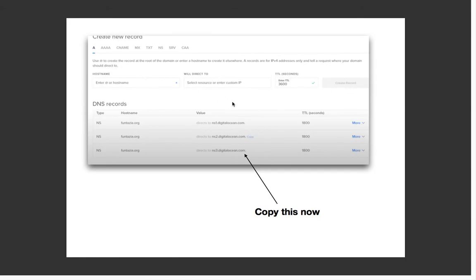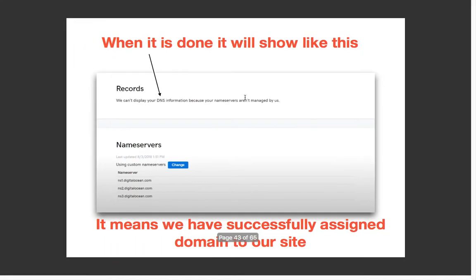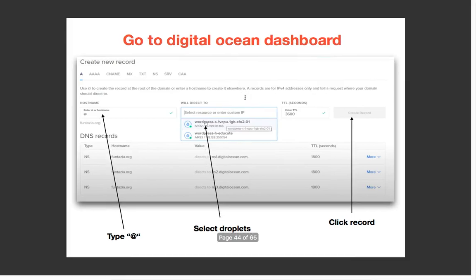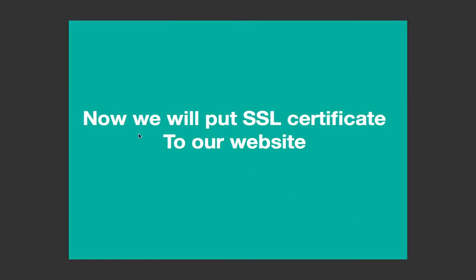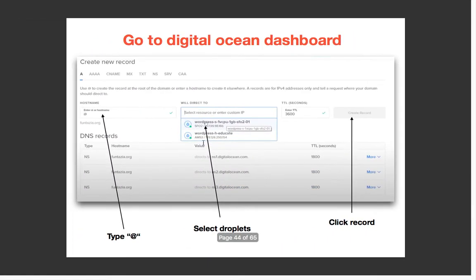Now you have to work with this. Now what you need to do is type under hostname the at sign and select the droplet which you have created, and then click on create record. When you do that, we have successfully assigned our domain with our website.